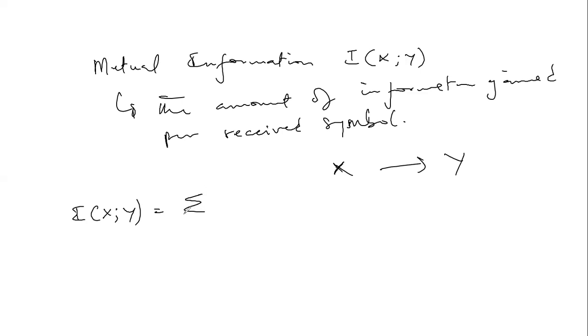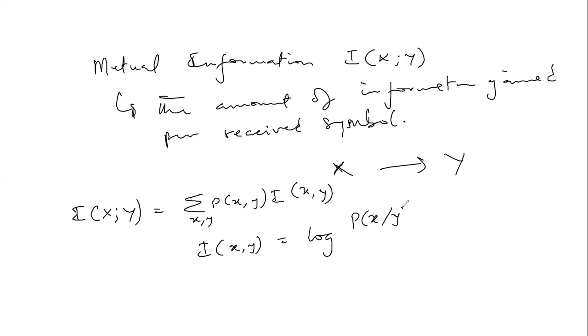Statistically, the mutual information is described as sigma over x, y of the joint probability distribution times the mutual information. You observe that the I of X, Y is weighted by the joint probability distribution over the possible joint events. And here, this joint information is the same as the log of P of x given y over P of x bits.